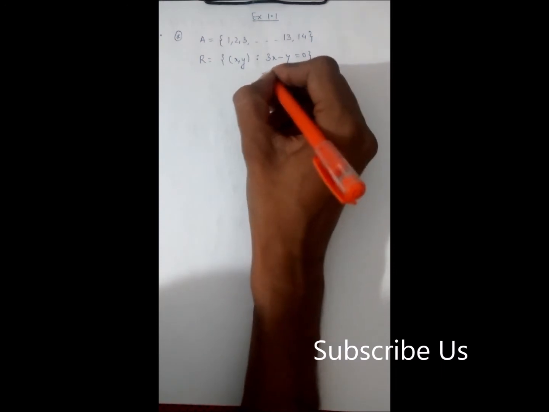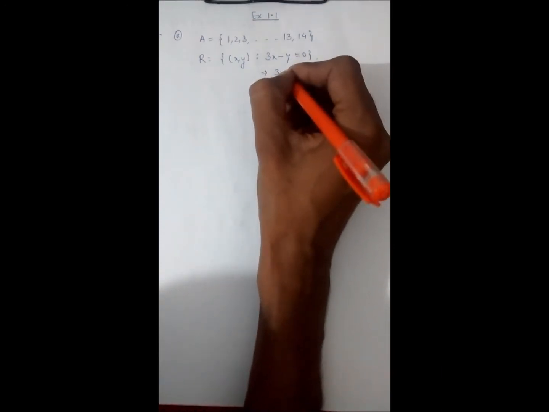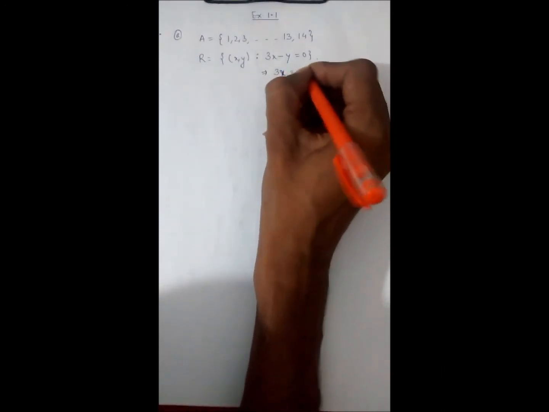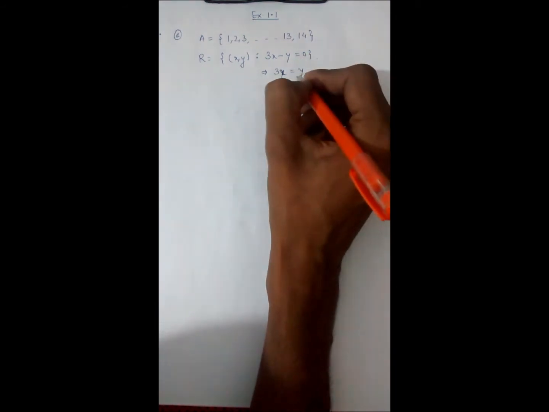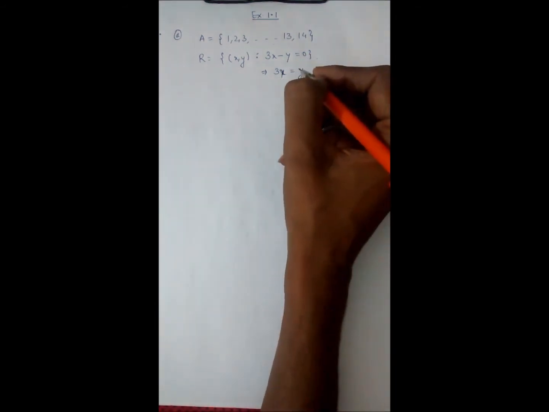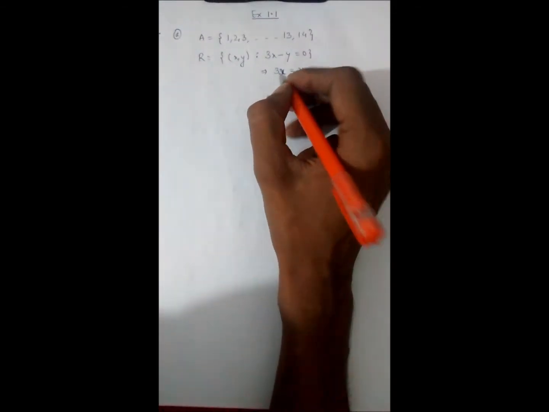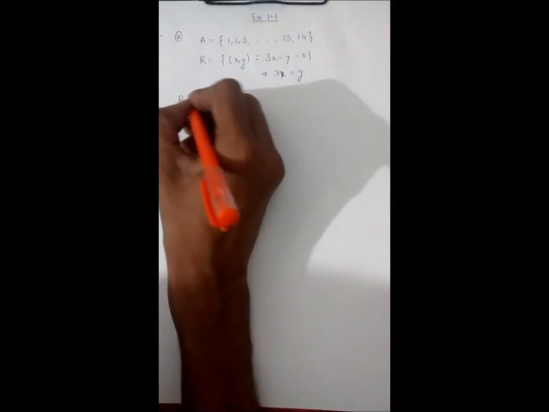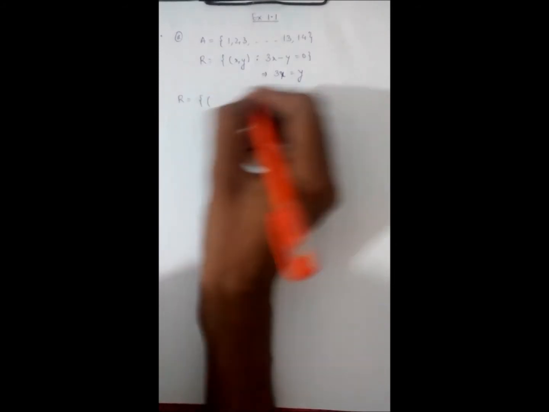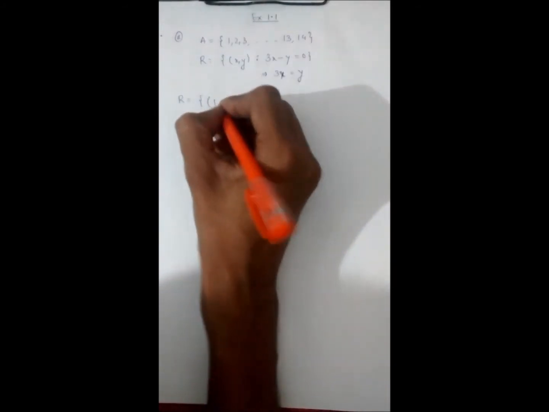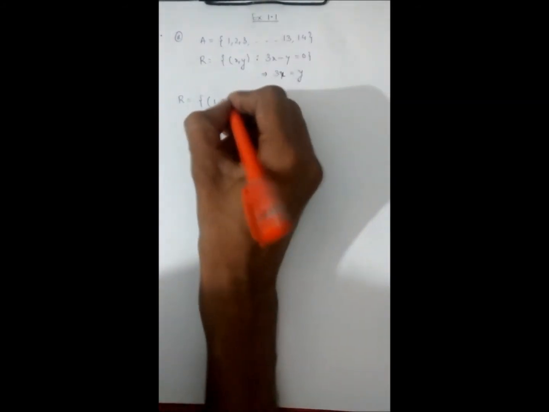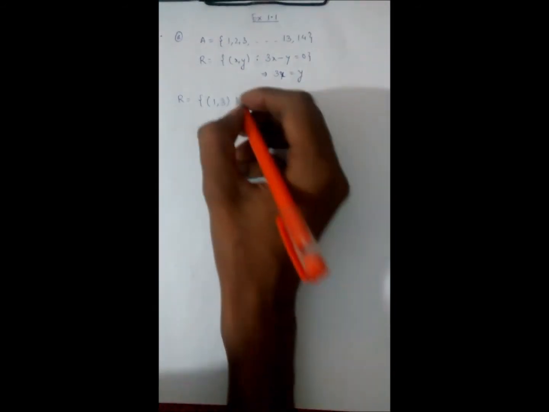This can basically be written as y = 3x. From this I can write this. It makes it a little simpler to see which elements satisfy this condition. Now R is nothing but: choose x equals 1, it will give y equals 3. They satisfy the condition.